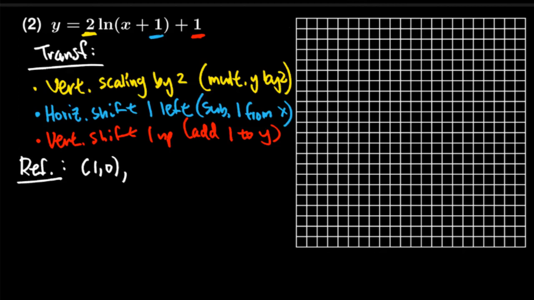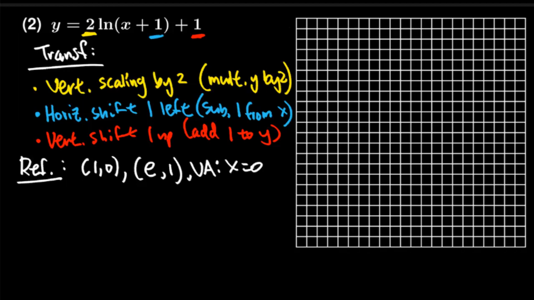And then there's actually going to be a point (e, 1), because ln of e is 1. And there's a vertical asymptote at, where is it? At x equals 0. So then with that, we're able to start graphing this thing.